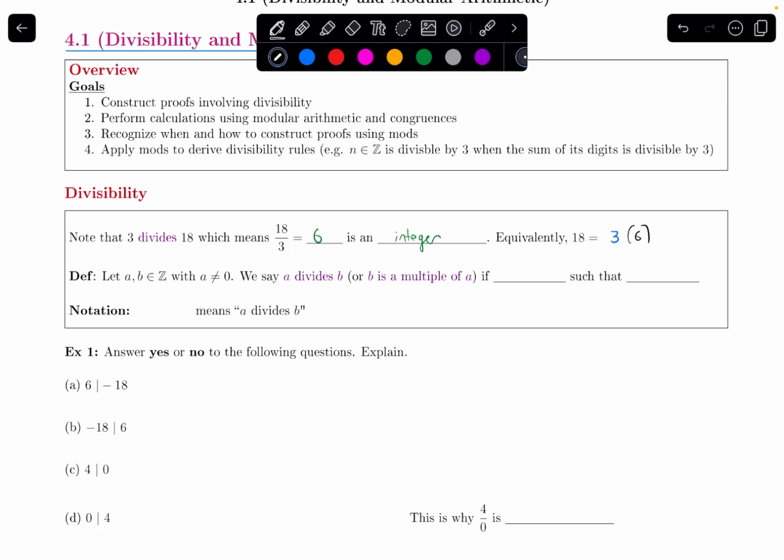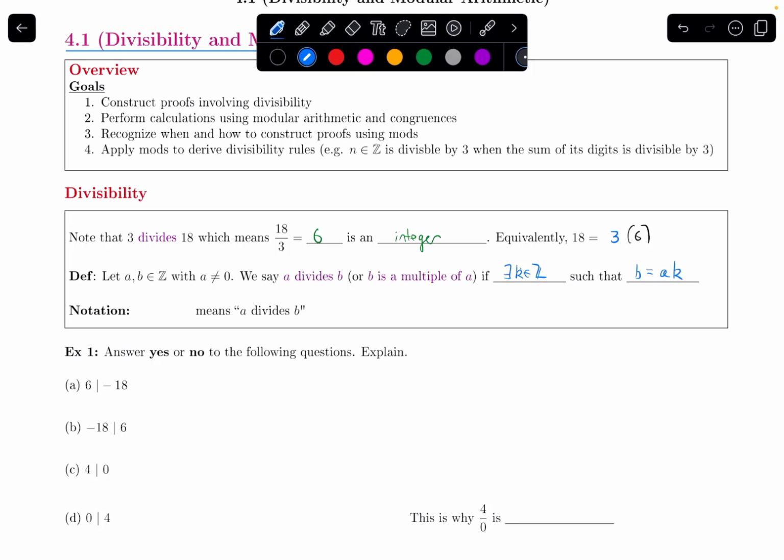Now we're ready for the definition, which says if a and b are integers and a is not equal to 0, we can say that a divides b, or equivalently that b is a multiple of a, if there exists a k, which is an integer, such that b equals a times k.